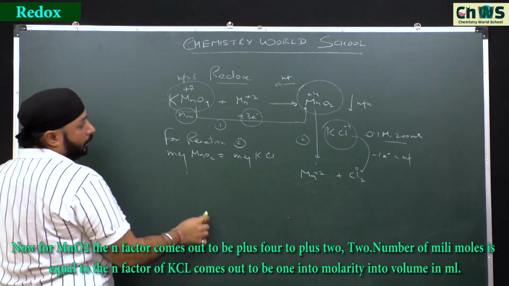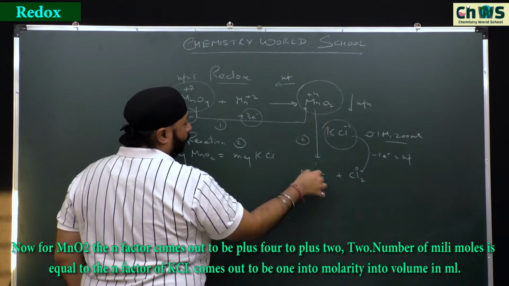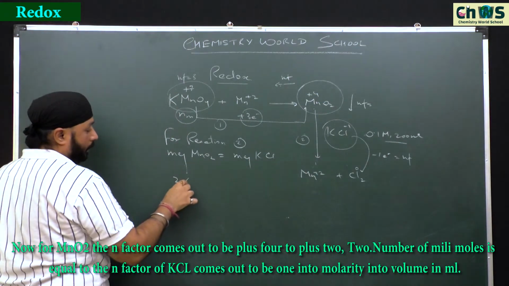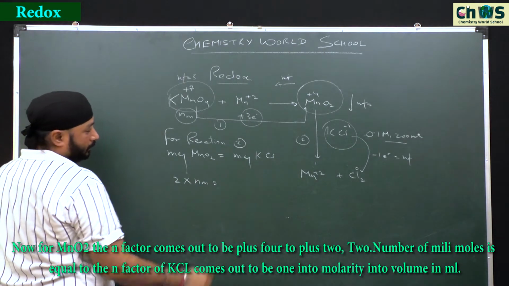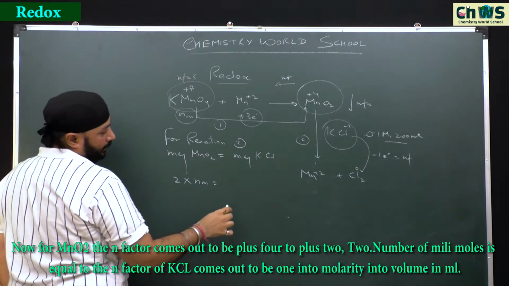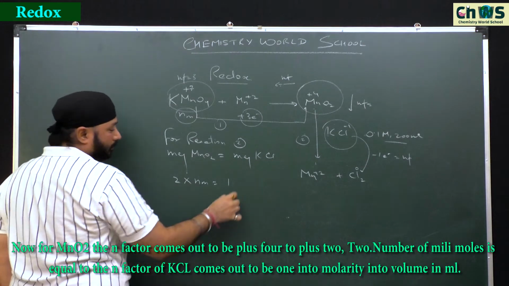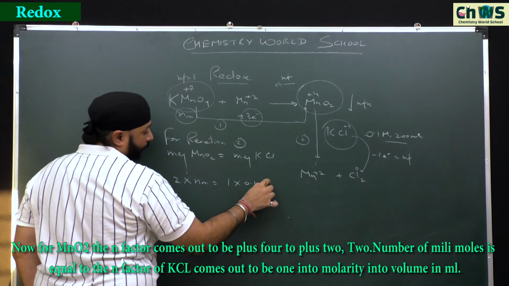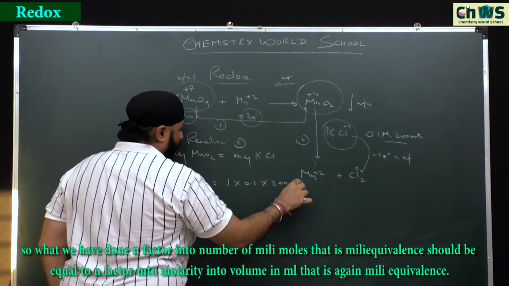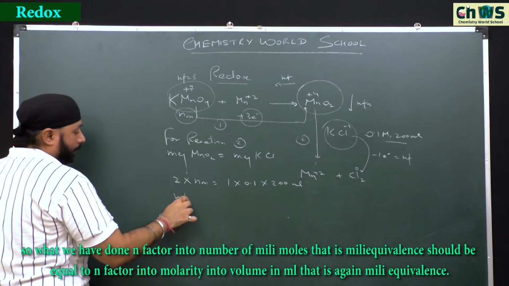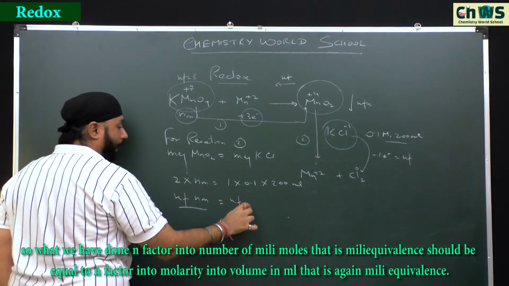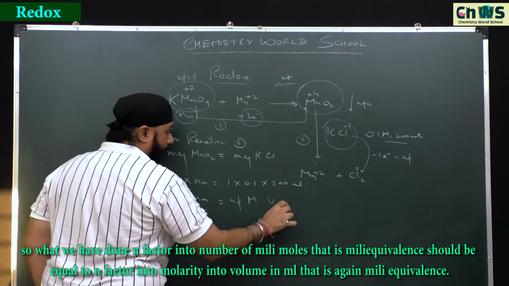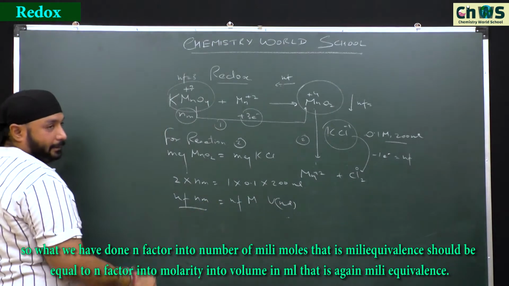For MnO2, the n factor comes out to be +4 to +2, times number of millimoles, equal to the n factor of KCl, 1, into molarity into volume in ml. That is n factor into millimoles, which is milliequivalents, equal to n factor into molarity into volume in ml, again milliequivalents.